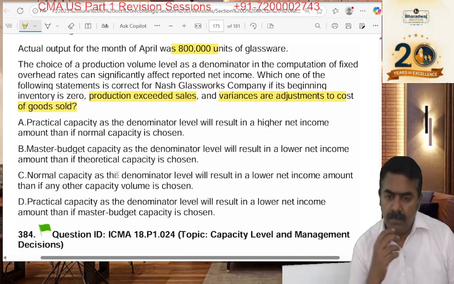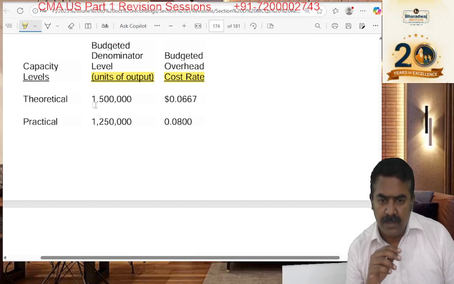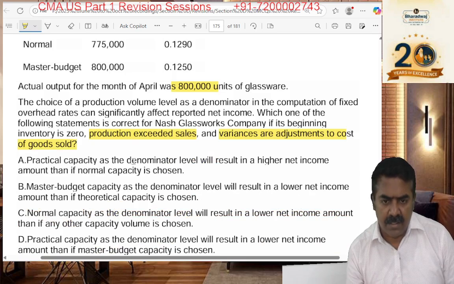Normal capacity. Theoretical is high, practical is a little lower. Normal is 7,75,000, master is 8 lakhs. We manufactured 8 lakh units of glassware output. Production is more than the sales. Cost of goods sold will be adjusted for the inventories that will affect them.